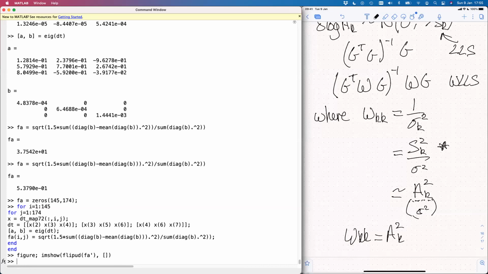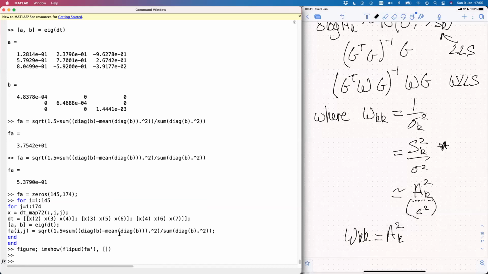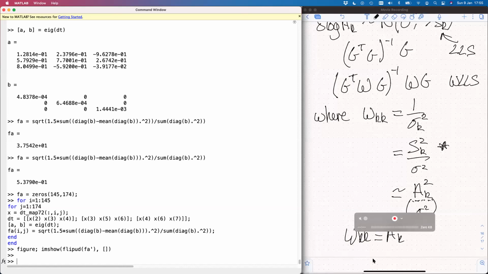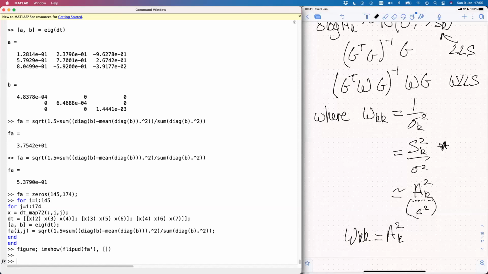So let's just finish up then by, I'll implement that quickly in MATLAB, just because it's the standard way of estimating the diffusion tensor that's used today. Let me time it again.